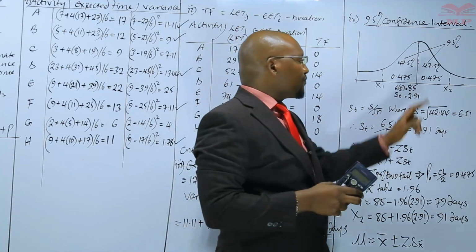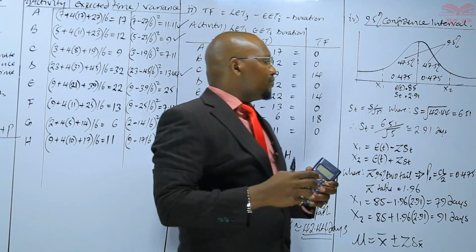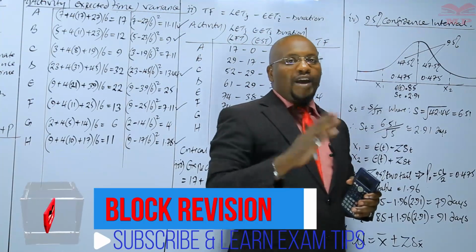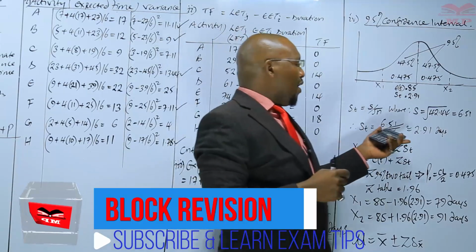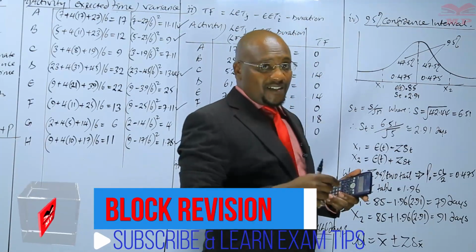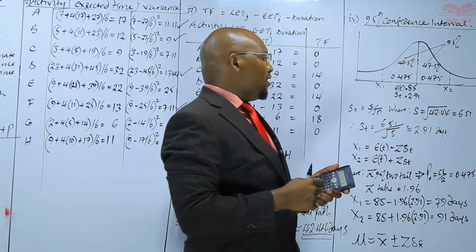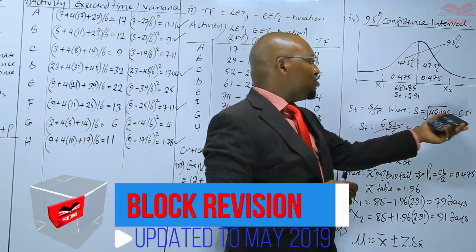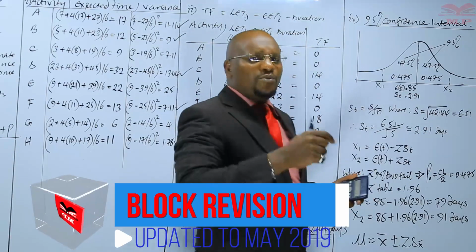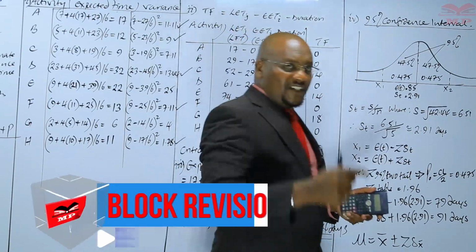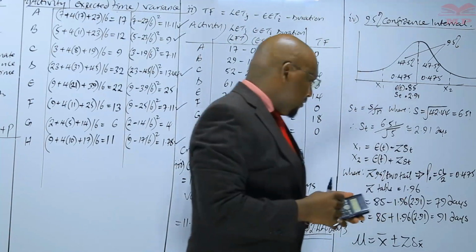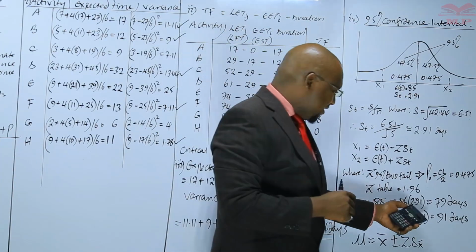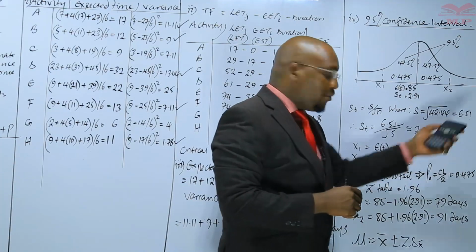If all the 8 activities, A, B, up to H, were critical activities, then we would not have taken the standard error. We would have taken the standard deviation. Then we would have 1.96 times 6.51.